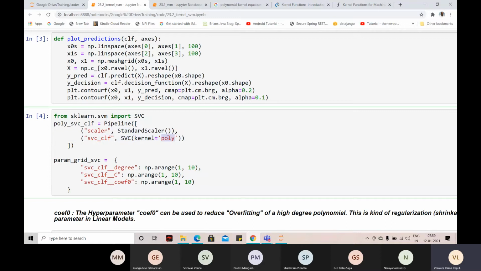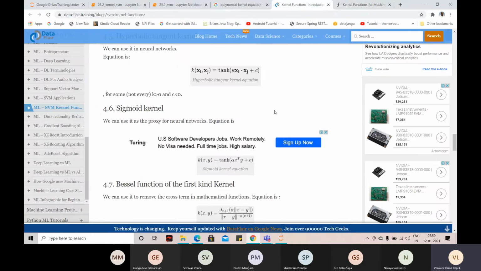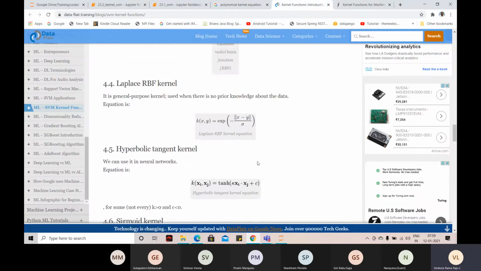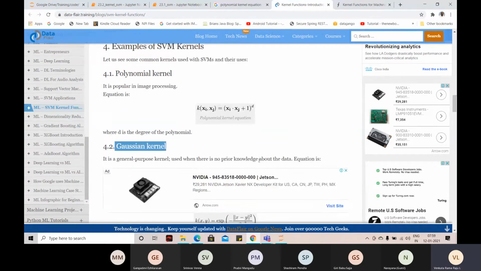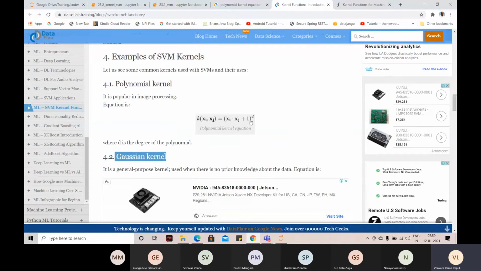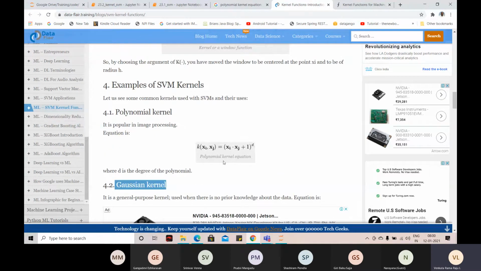In the polynomial kernel, we'll have degree. See these different kernels. You specify the degree and that's how the calculation is going to be done. This is not distance basically. When you do the polynomial kernel, it is actually multiplying the two vectors: the first row and second row, first row and third row, first row and fourth row, first row and fifth row, like that.